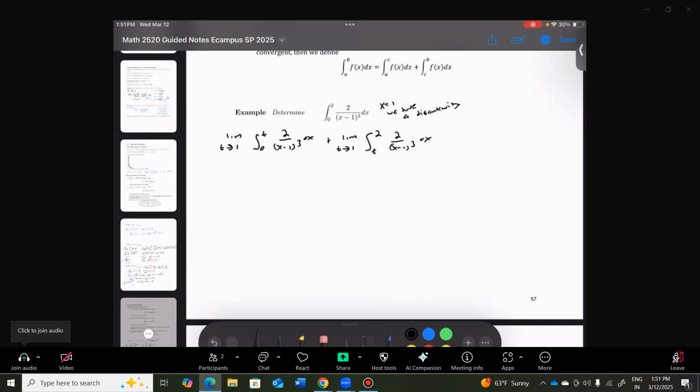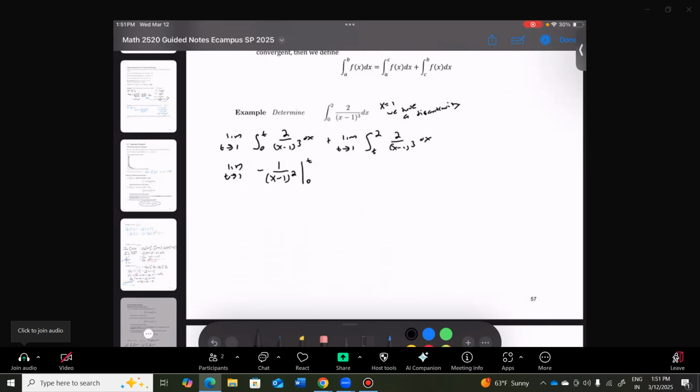Alright, so we have to look at the antiderivative for this first. So we'll have the limit as t goes to 1 of negative 1 over (x minus 1) squared, and this is going to be from 0 to t. That's the antiderivative because if you take the derivative of that, you have a negative 2 on the top for your power.